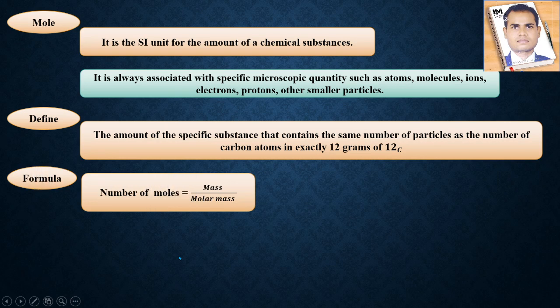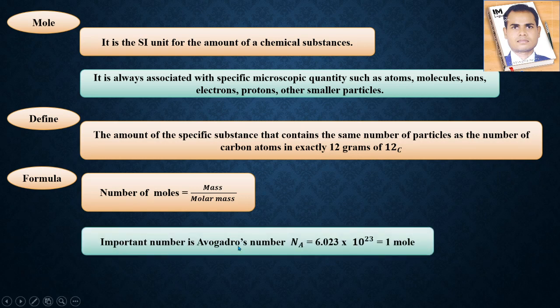The formula to calculate the number of moles is: number of moles equals mass of the chemical compound divided by the molar mass of that compound.